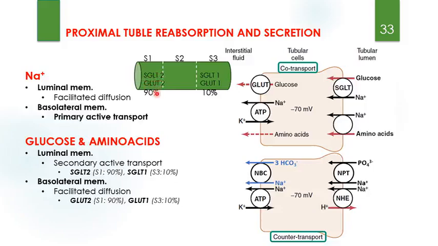The remaining 10% of glucose will be reabsorbed in the last portion of the proximal tubule, the third segment, by way of the type 1 transporters, SGLT1 and GLUT1.